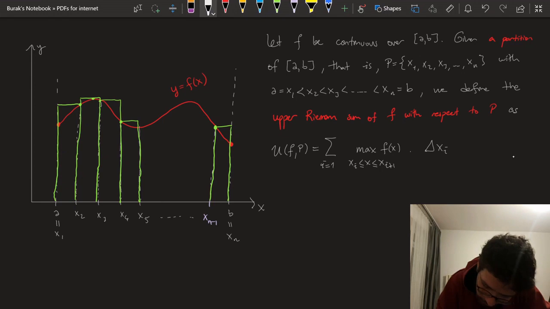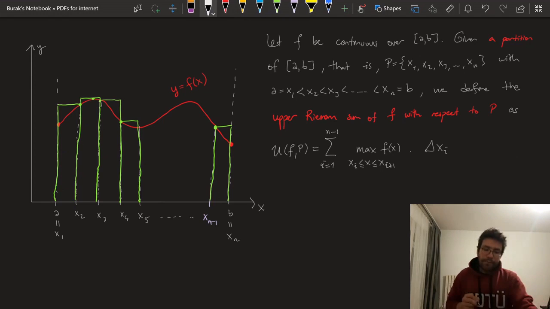As I said, I wanted to add the areas of these rectangles up. How do I do that? I have n minus 1 rectangles here.